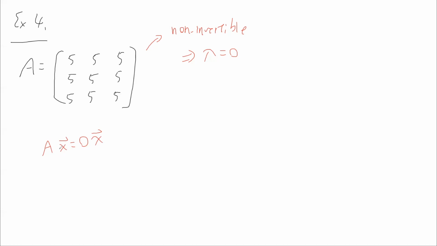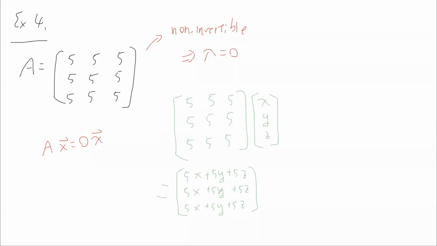Of course, we don't want to pick the 0 vector, because if you have 0, 0, 0, then it defeats the purpose of looking for eigenvectors. So let's look at what we're doing when we multiply the matrix by just some vector, let's say x, y, z.